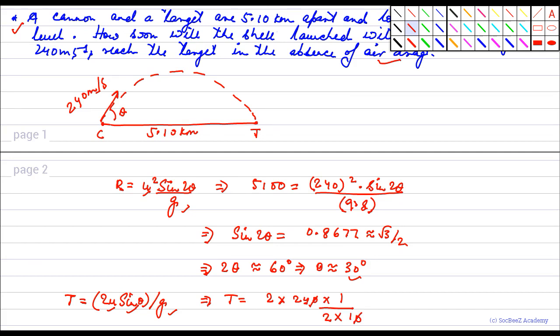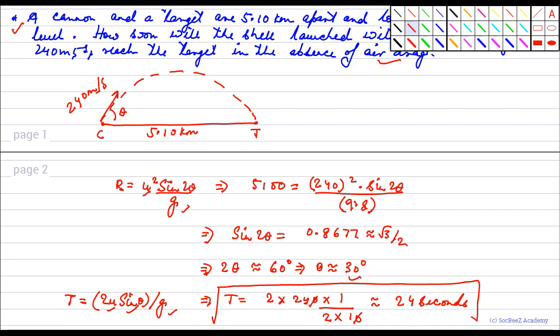The answer would nearly be the same. So this gives me the time of flight as 24 seconds nearly. This is going to be the time which the shell is going to take to reach the target.